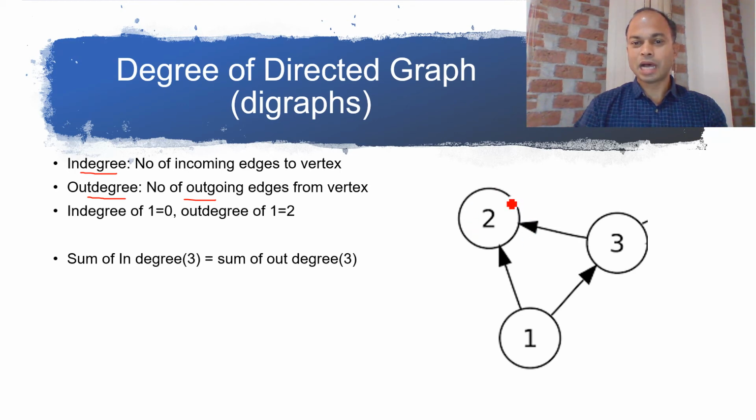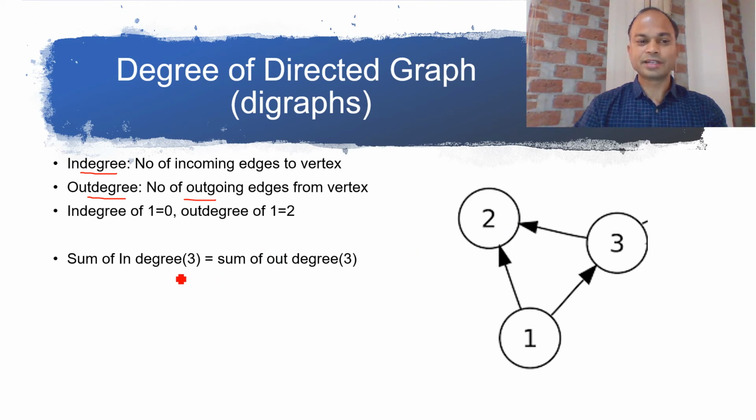The out degree of vertex 2 is 0 and the in degree of vertex 2 is 2 because there are 2 incoming edges. And if we talk about vertex 3, then the in degree is 1 and the out degree is also 1. In this way, we may compute in degree and out degree.